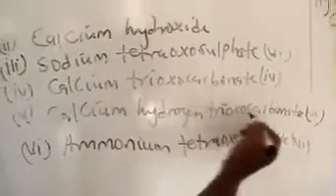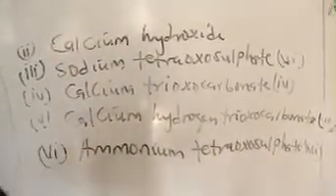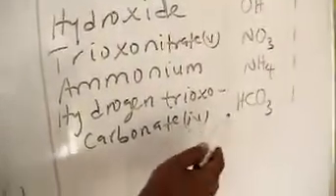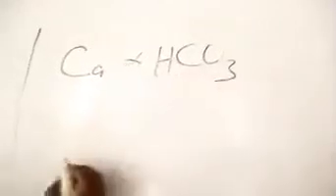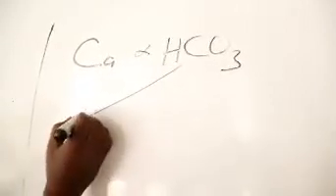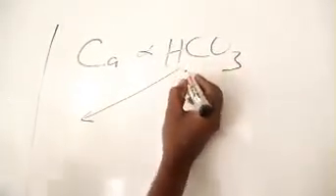Now question 5 is calcium hydrogen trioxocarbonate 4. Here the element is calcium. So we bring in the symbol for calcium, and this is the combination sign. Then hydrogen trioxocarbonate 4: from the table of radicals, you see that it is HCO3. So we bring it down, HCO3. Now they have to exchange their valencies, so you draw an arrow here. What's the valency of HCO3?